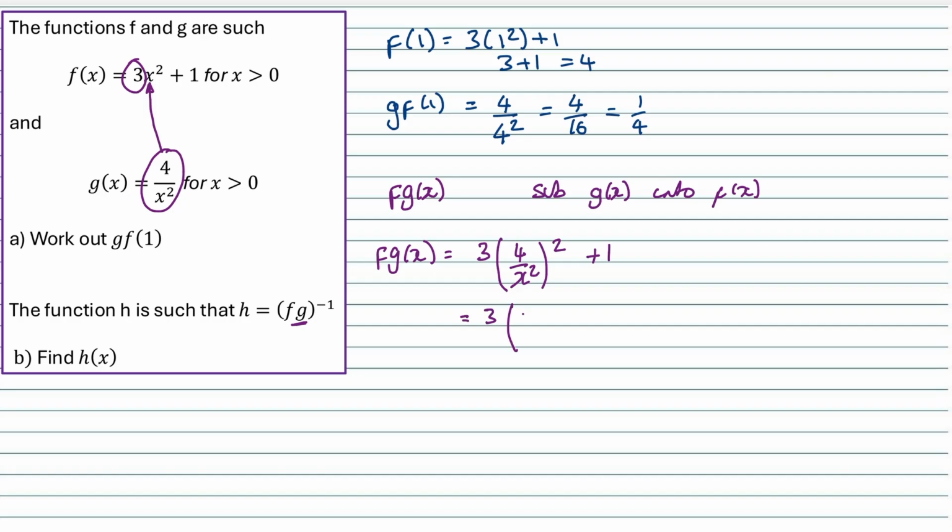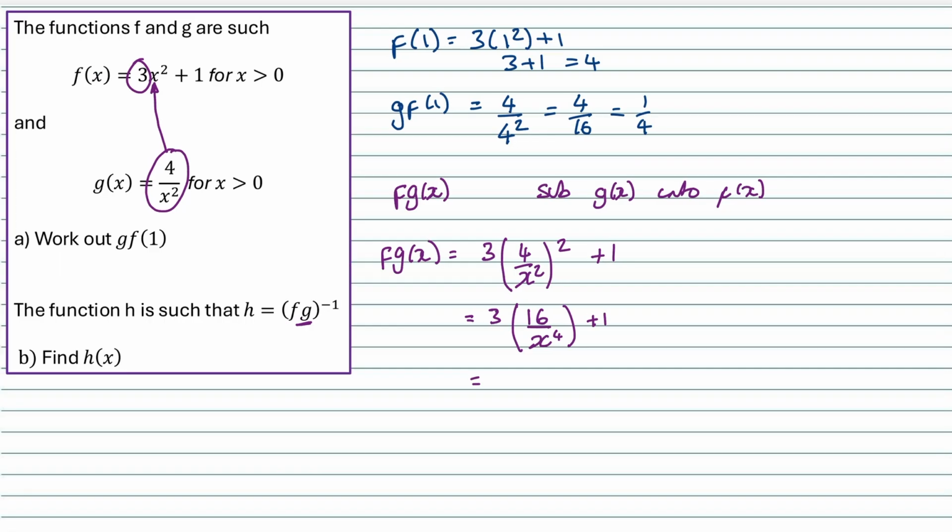The 4 squared will be 16, and when you square the denominator, we'll get x to the 4, and we're adding 1 to that. We can multiply the 3 by the 16, and we'll get 48 over x to the 4 plus 1, and this is fg of x.